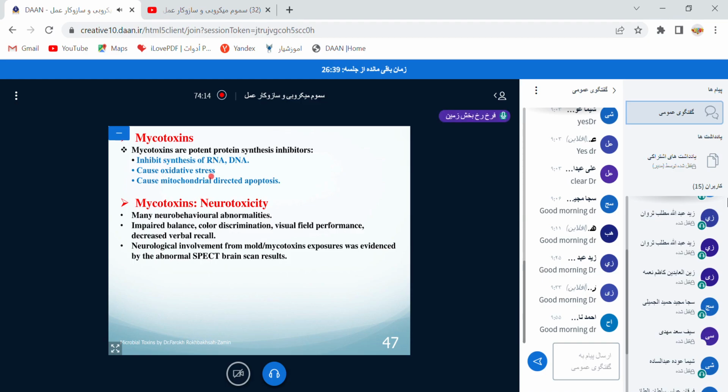They cause oxidative stress and mitochondrial-directed apoptosis. So the mitochondria, according to the presence of toxin and its effect on the different membranes present in the mitochondria, go through malfunction, not working properly.